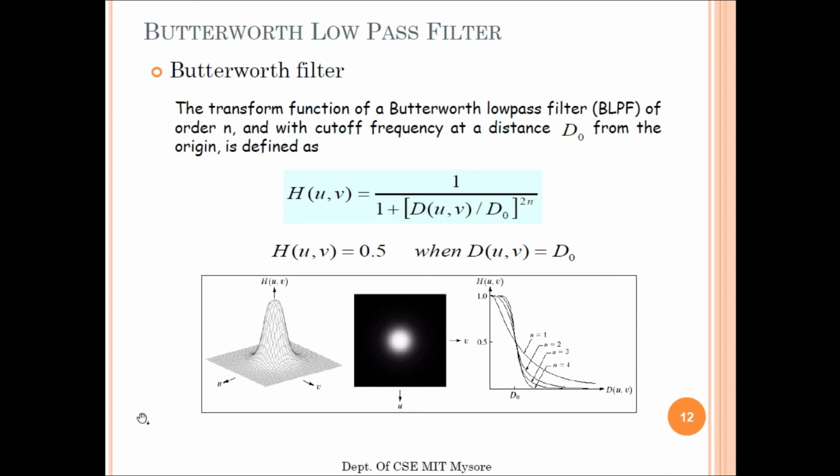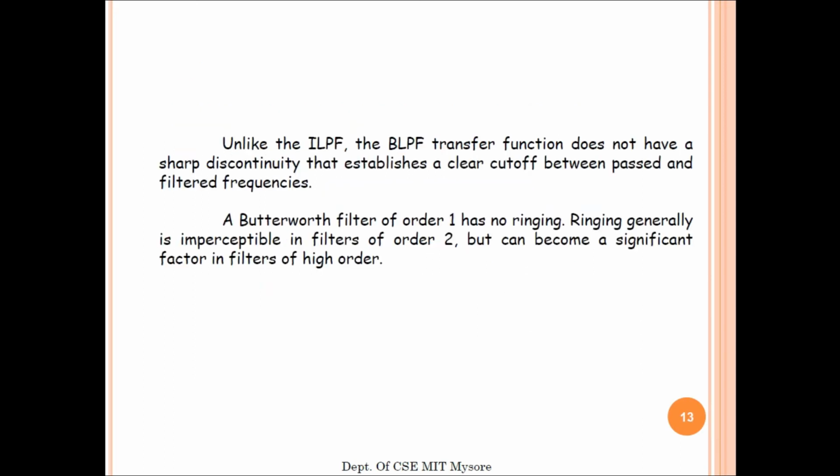If the order n is a low value, meaning 1 or 2, there is no ringing effect, but if the order is increased, there is a ringing effect. Unlike the ideal low pass filter, the Butterworth low pass filter transfer function does not have a sharp discontinuity that gives a clear cutoff between passed and filtered frequencies.